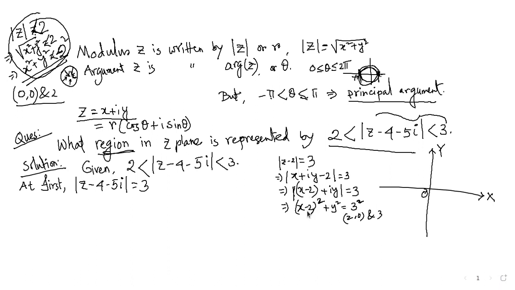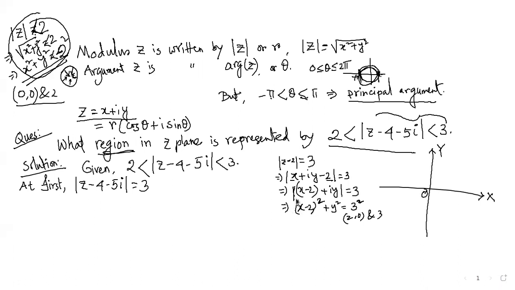We can convert it this way. So you see, this 2 is related with x. For this reason, I combine x minus 2, and this is (x minus 2) whole square plus y square equal to 3 square. This is the modulus, root over.